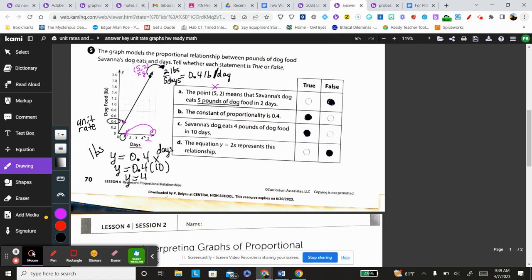All right, Savannah's dog eats 4 pounds of dog food in 10 days. So heads up, guys.